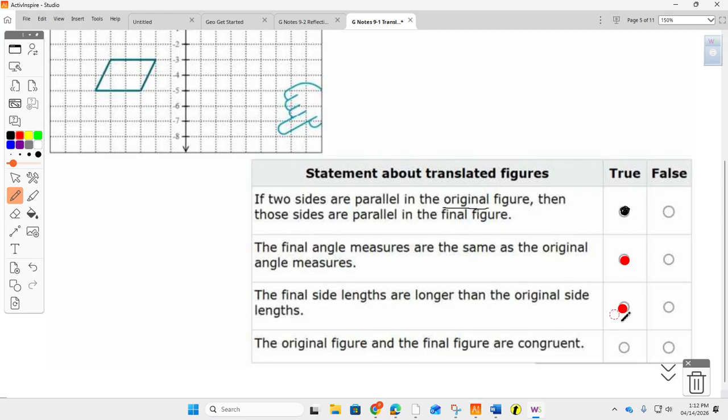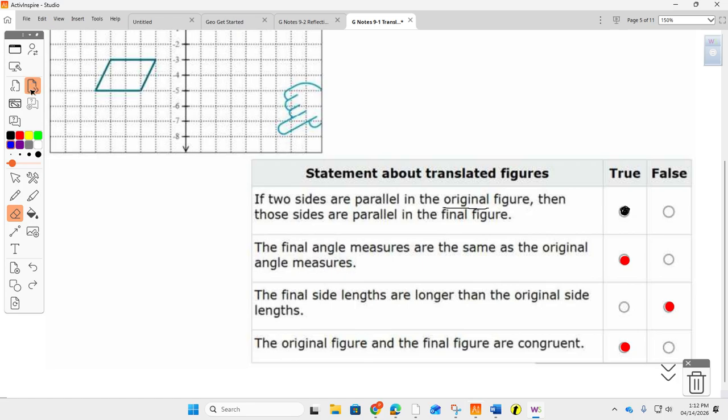If you don't change the size or shape, we just translate it up or down, left or right. Uh-oh. This is supposed to be a false. All right, questions on that one?